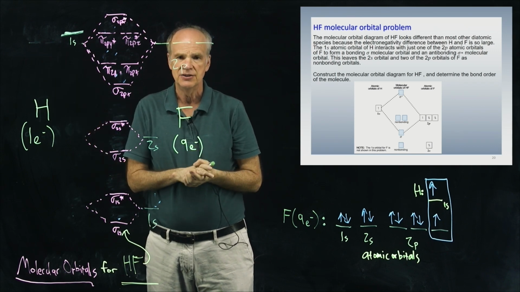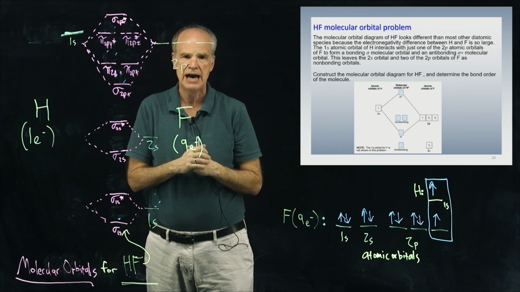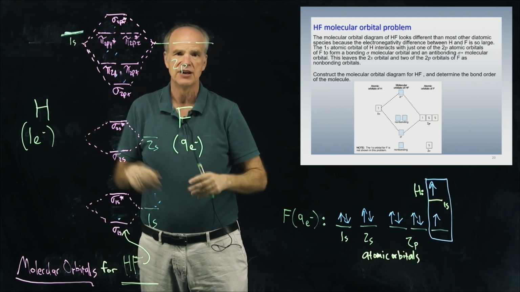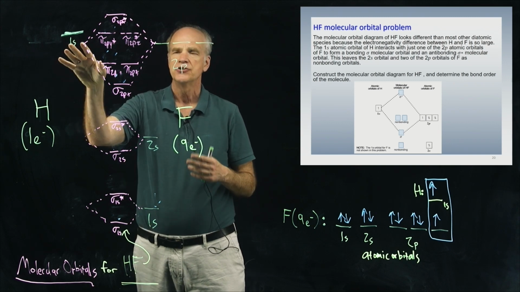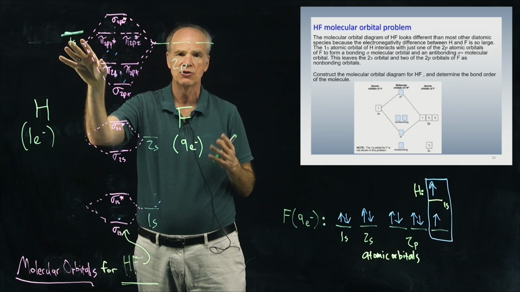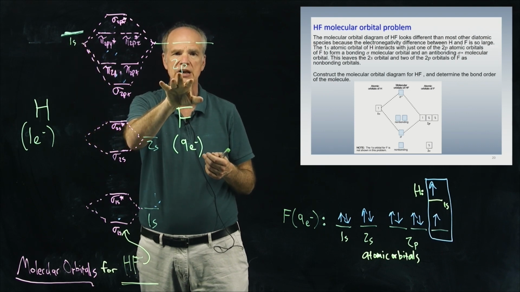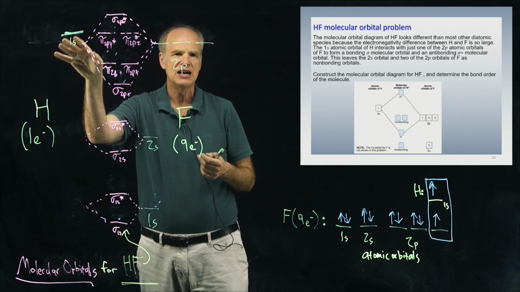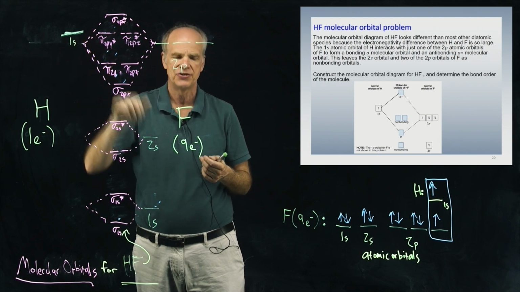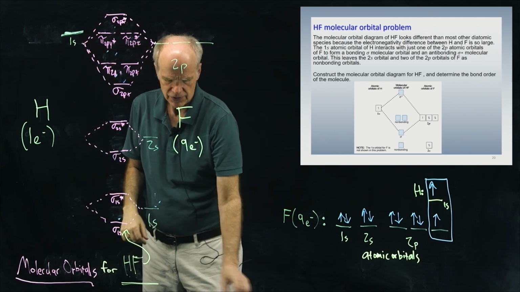On the other hand, if you have 2 atoms with different electronegativity, then they put the atoms at different levels because they have different energy. So hydrogen's 1s orbital, when it forms molecular orbitals with the 2p orbitals in HF, has a slightly higher energy than hydrogen's 1s orbital by itself. Okay, so we've got that done.